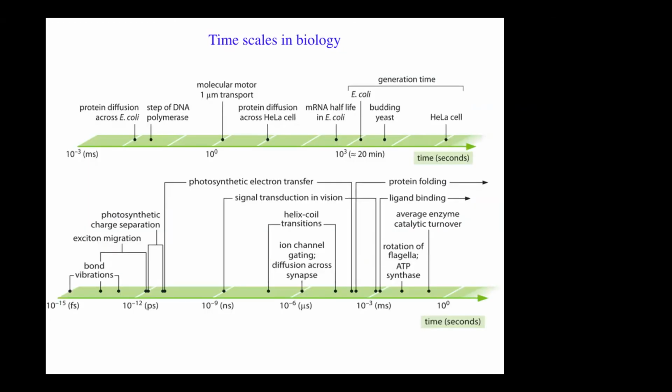So that's it for length scales. Now, time scales are also all over the place. And so this set of time scales is divided into two different scales of different sizes. So let's look at the top one across.